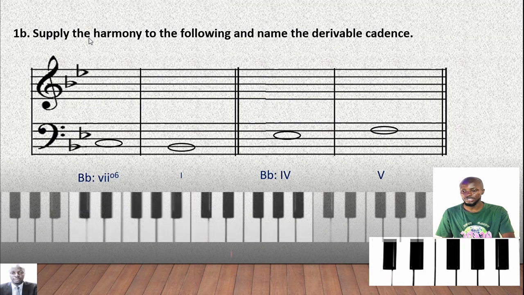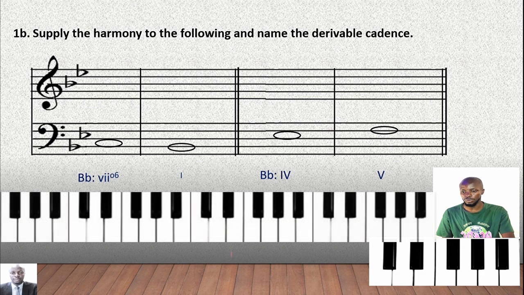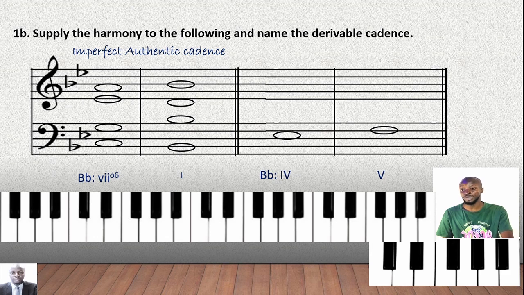So we have the first inversion of a diminished seventh chord here in the first one, going back home to chord 1, to the tonic. So the soprano goes this way, alto this way, tenor this way. So this is called the imperfect authentic cadence, right? Due to the progression in the bass. And of course it sounds this way.